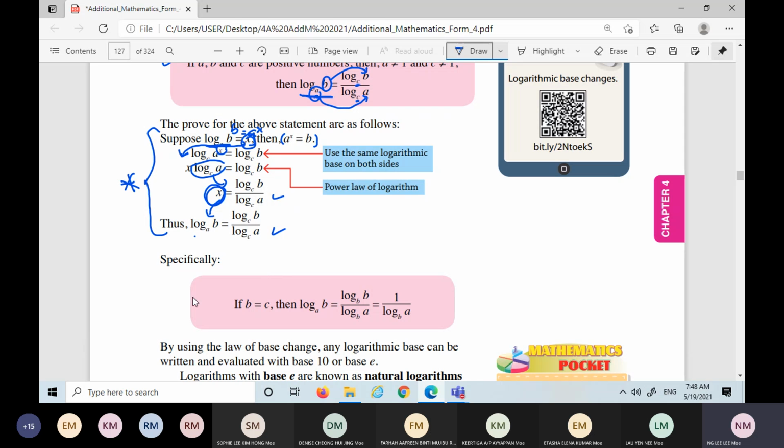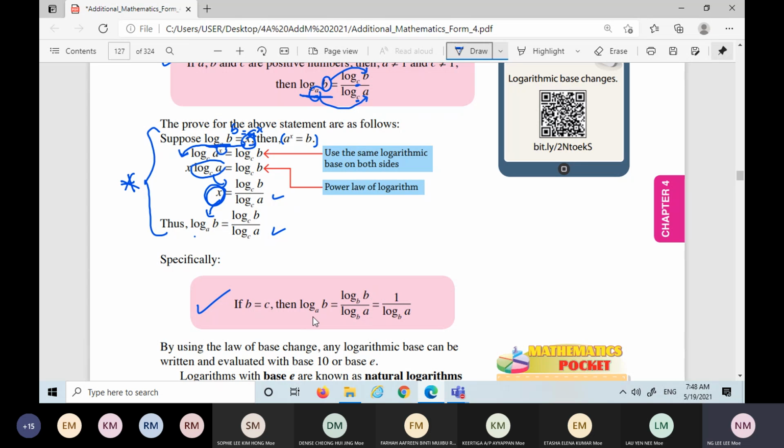This is one more. This one you can copy. If B is equal to C, then this C all replaced with B. The C here all replaced with B. Then you will see this one becomes log BB, and then log BA. Log BB is 1.